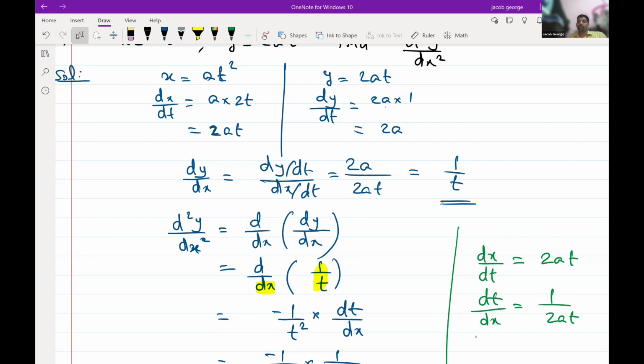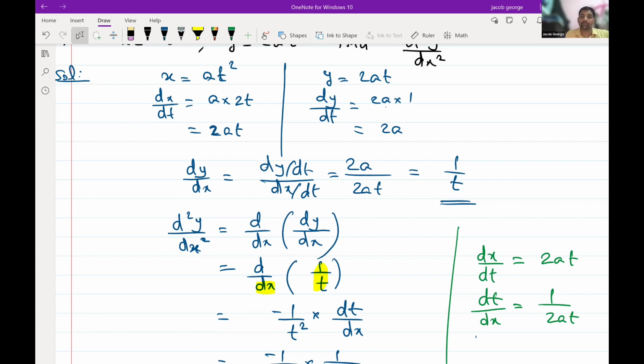Derivative of 1 by t is minus 1 by t square into derivative of t with respect to x, that is dt by dx. Then dt by dx we find by taking the reciprocal of dx by dt. So it is actually a chain rule with respect to x, and inside the variable is t.